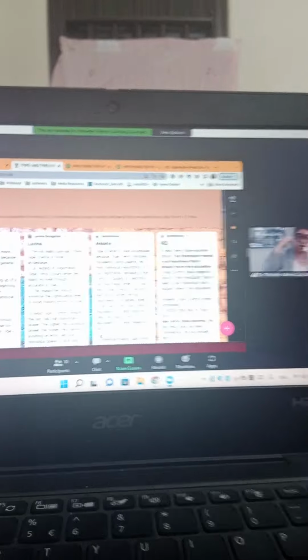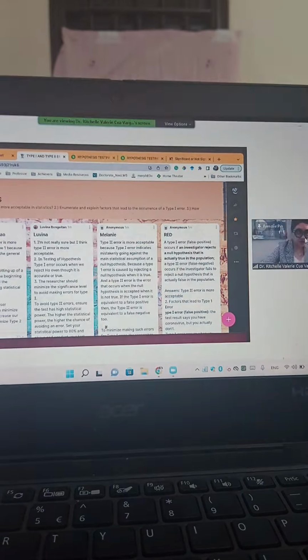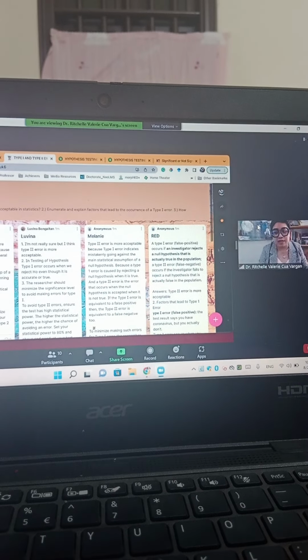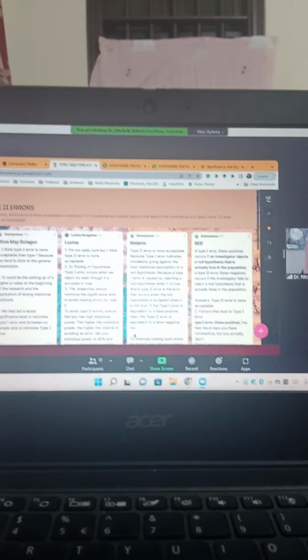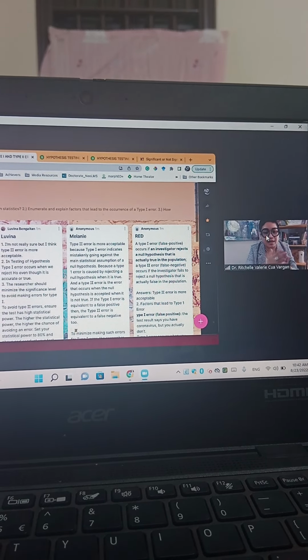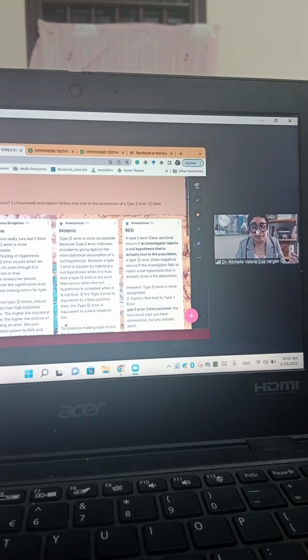So there are things that become a sacrifice when you reduce a certain type of error, you increase the other. That's why researchers mostly use 0.05, because it creates balance between the type 1 error and type 2 error.